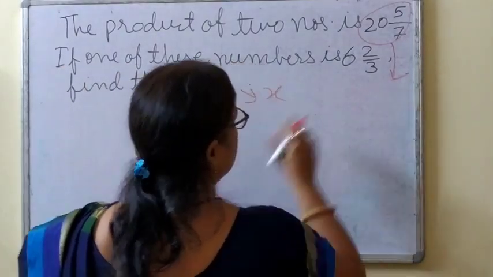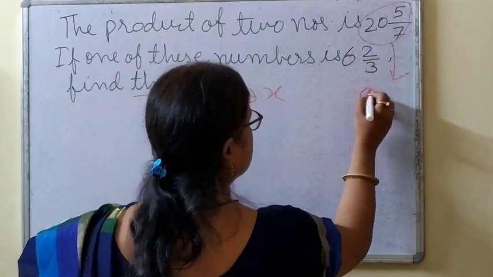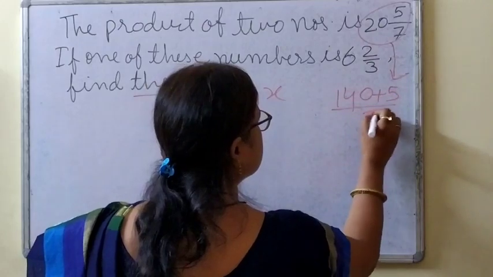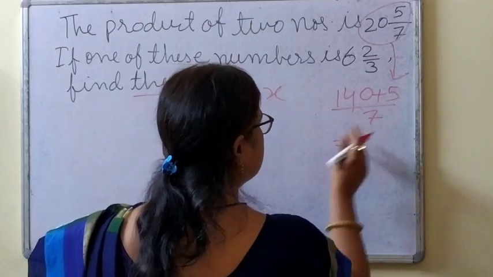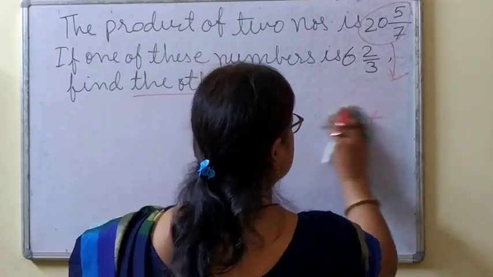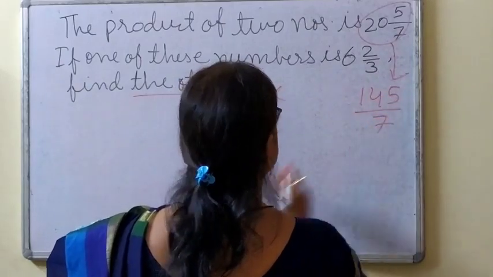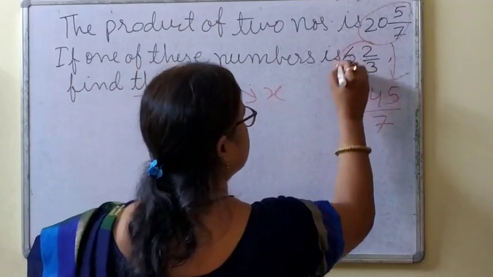So 7 2s are 14 plus 5 by 7. So this will be equal to 145 by 7. Okay.